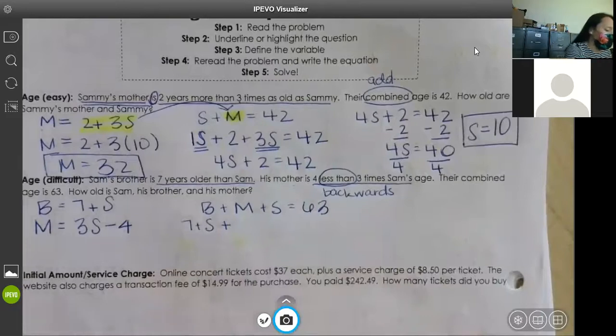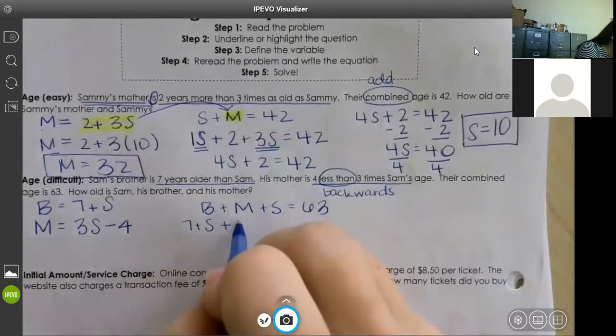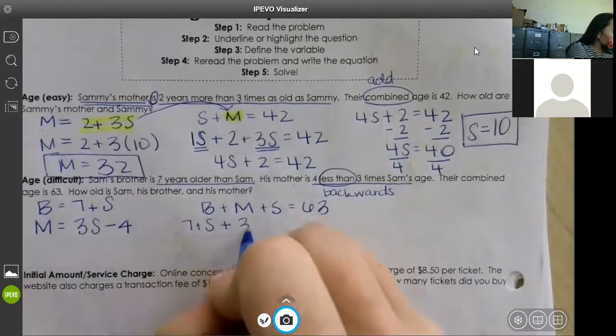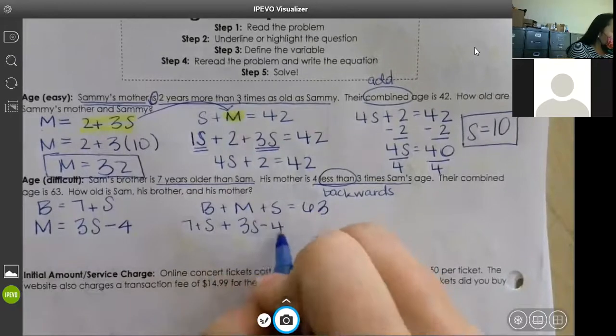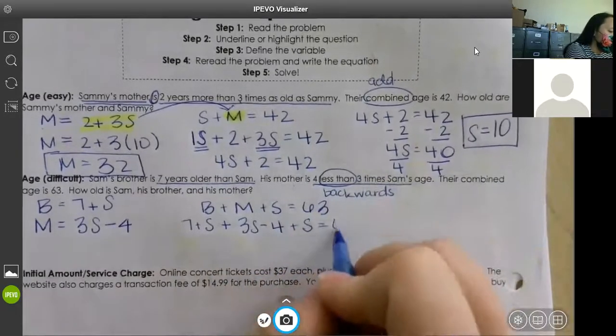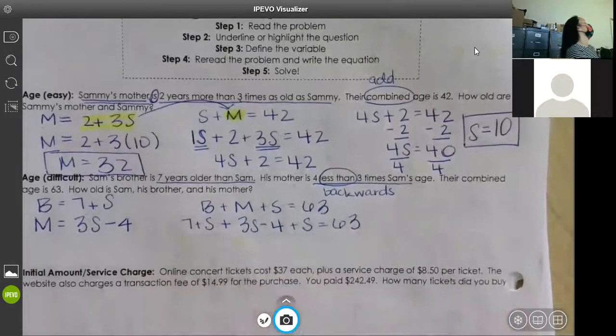What was mother? What do we write for mother? 3S minus 4. And then Sam is Sam. So we write S. Perfect.